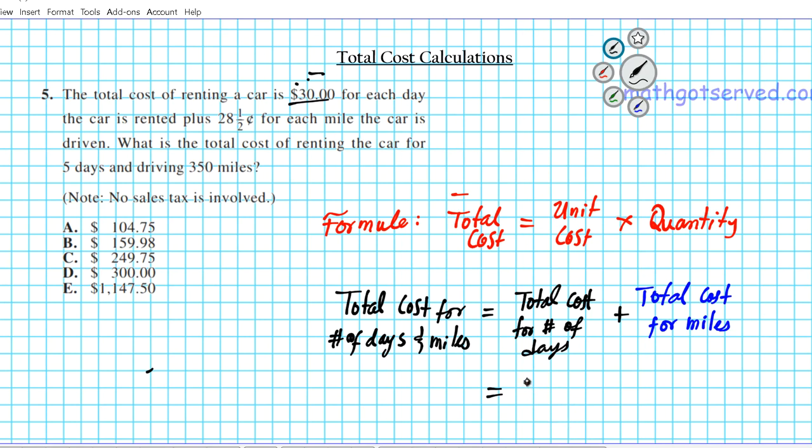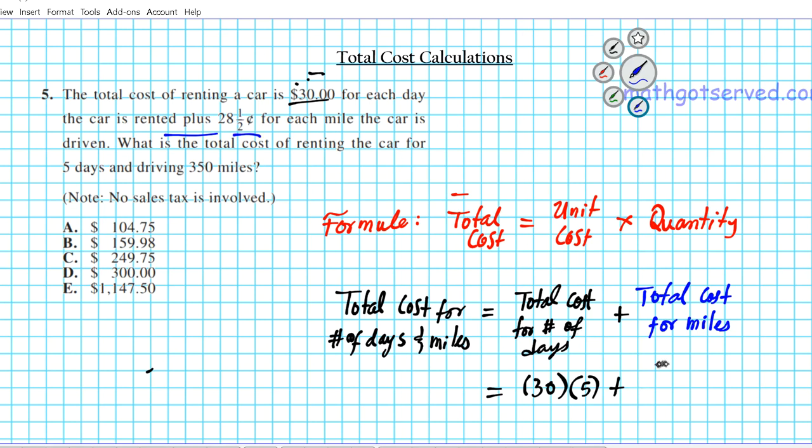So we have 30, and then we're going to multiply that by the number of days or quantities, which is 5. All right, and then we're going to add that to the unit cost for each mile, 28.5 cents.